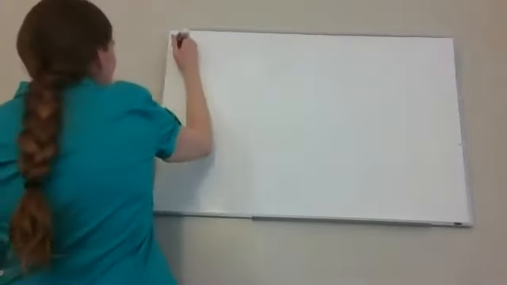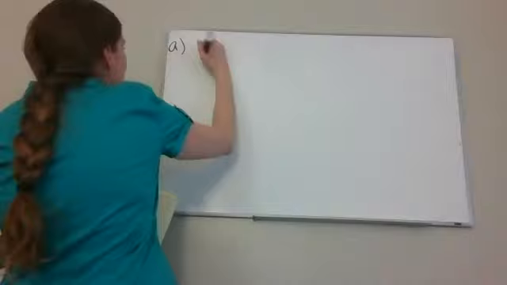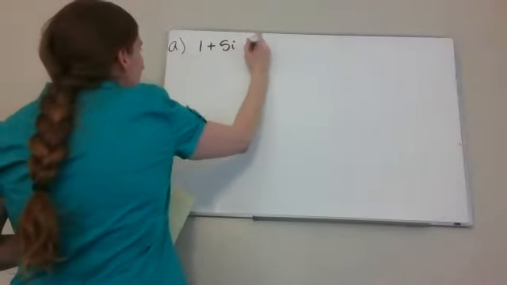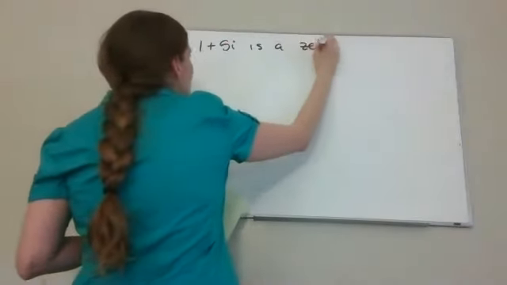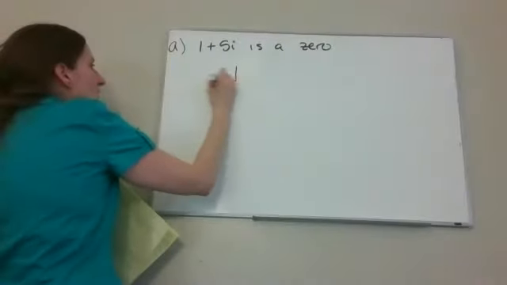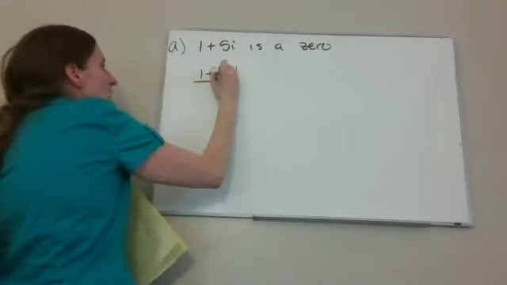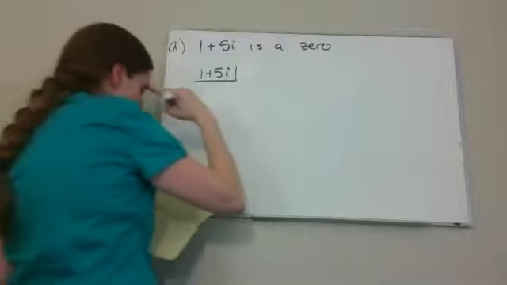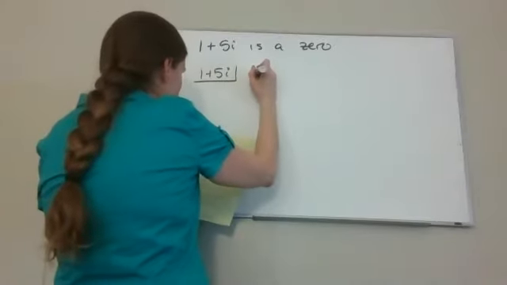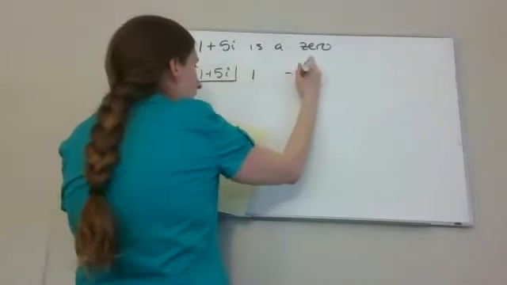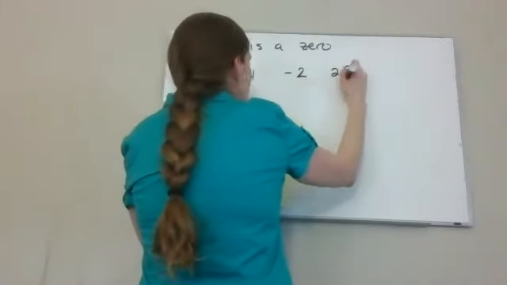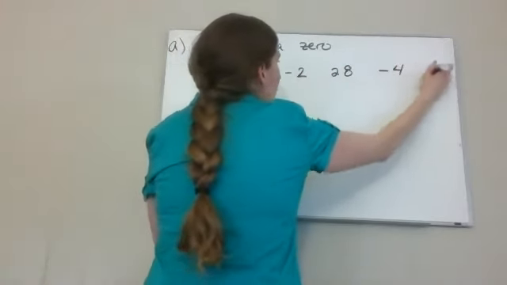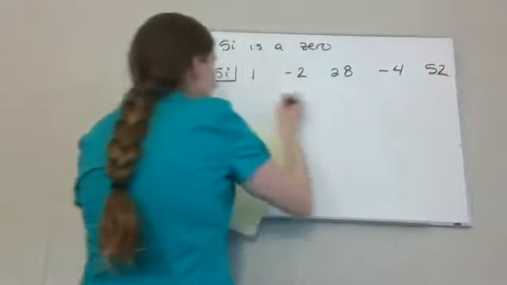So, for part A, I know that 1 plus 5i is 0. So I'm going to use synthetic division with that 0 and the coefficients of my polynomial. So that is 1, negative 2, 28, negative 4, and 52.